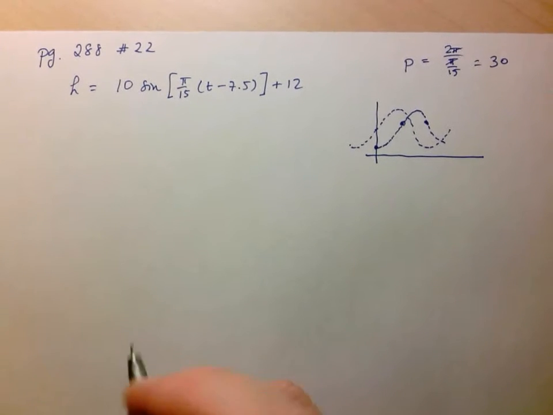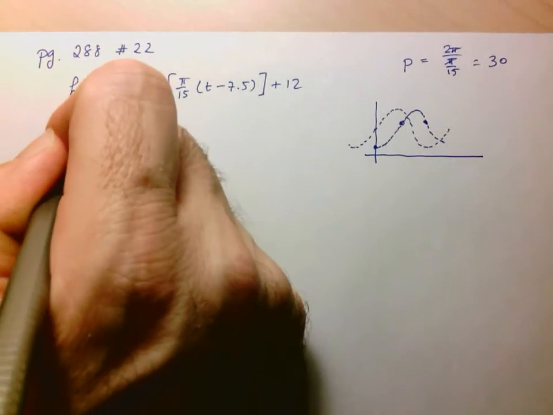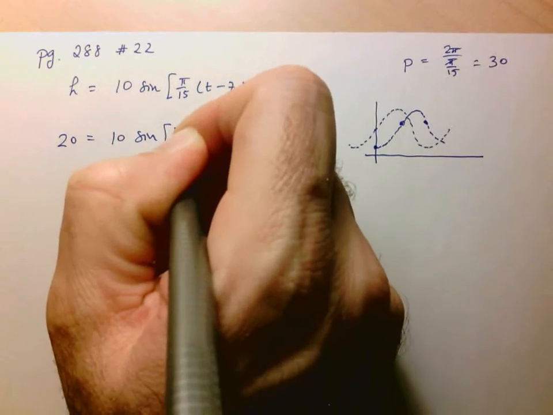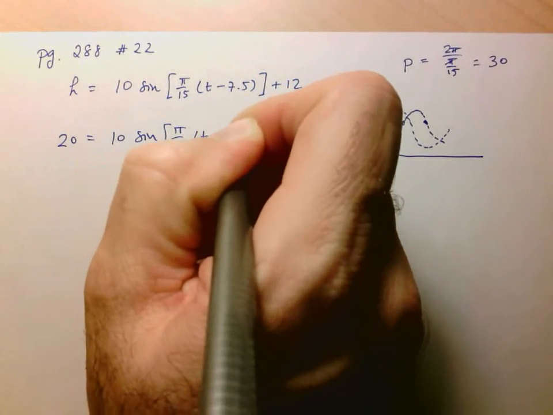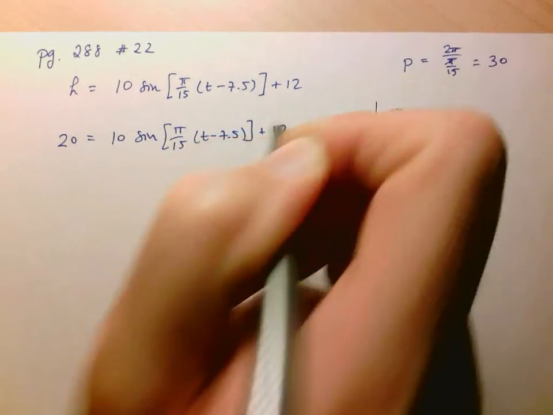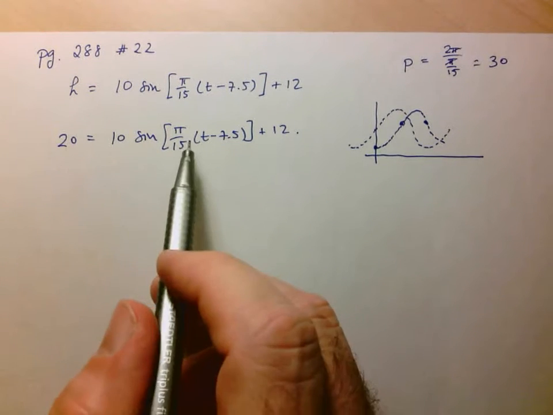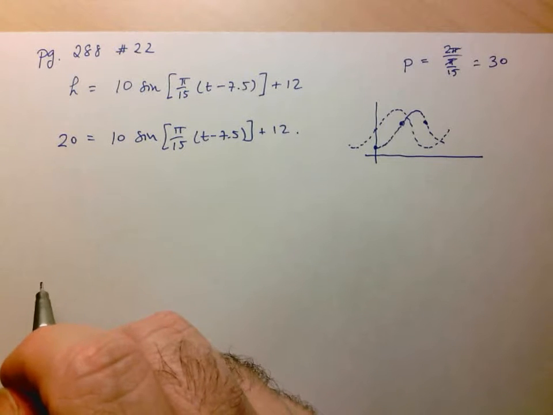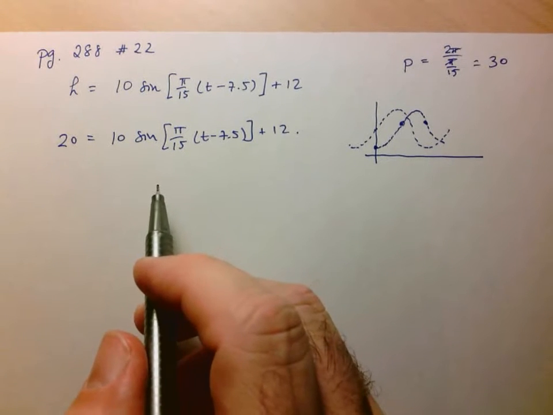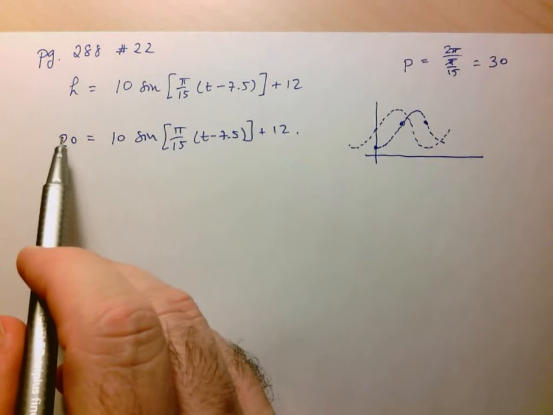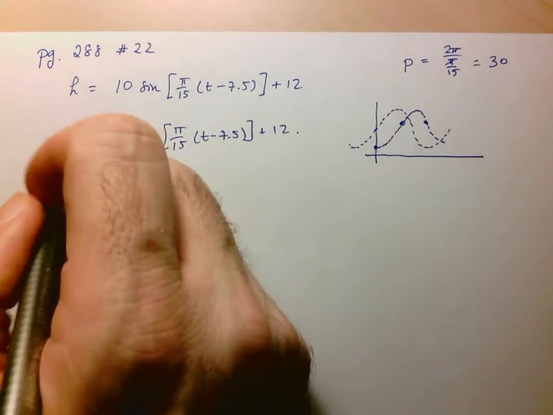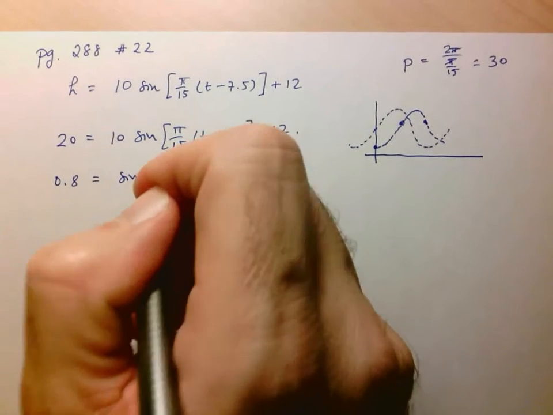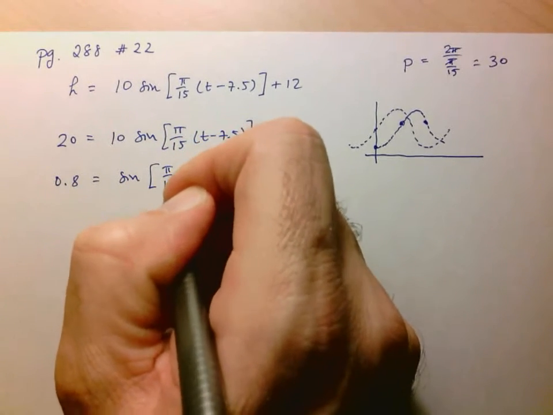Okay, and we want to determine the first two times it's at 20 meters. So let's go ahead and replace h by 20 since that's what we're looking for here. So, pi over 15 times t minus 7.5. Okay, so this is a linear trigonometric equation because I can just solve for the trig expression using opposite operations. So let's subtract the 12, so it gives me 8 divided by 10, so it gives me 0.8 equal to my trigonometric ratio.